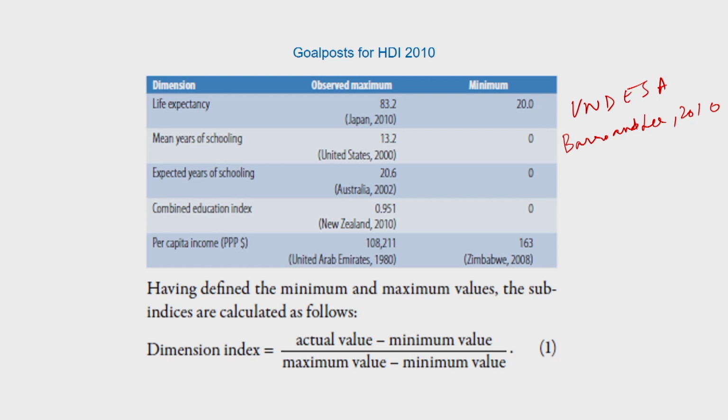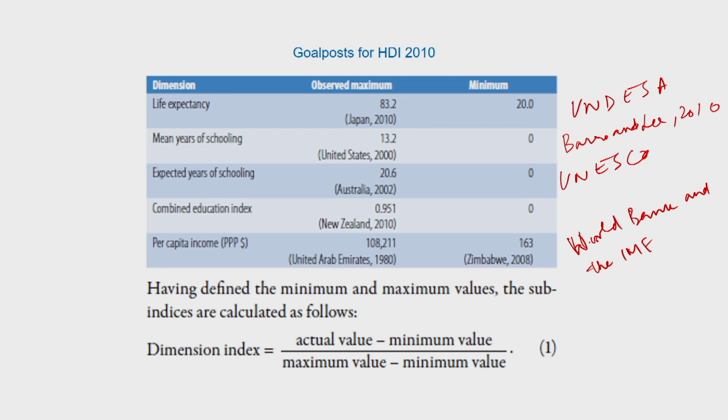Expected years of schooling data was taken from UNESCO statistics. Combined education index was then calculated based upon it, and the per capita income or gross national income data was taken from the World Bank and the IMF. So, these were the data that was collected from various sources.